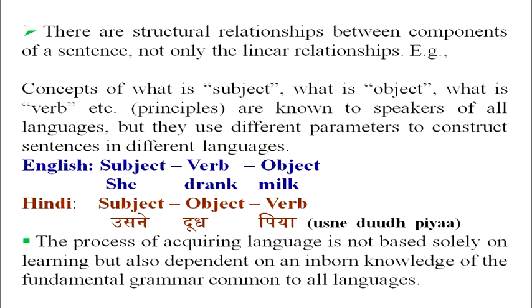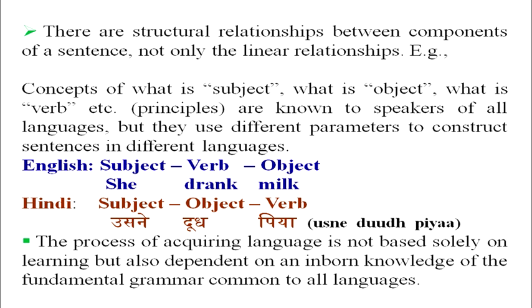There are structural relationships between the components of a sentence, not only the linear relationships. That means words are not arranged linearly, they have some structure. For example, we all know that in every language we have concepts like subject, object, verb, direct object, indirect object, preposition, postposition and so on.